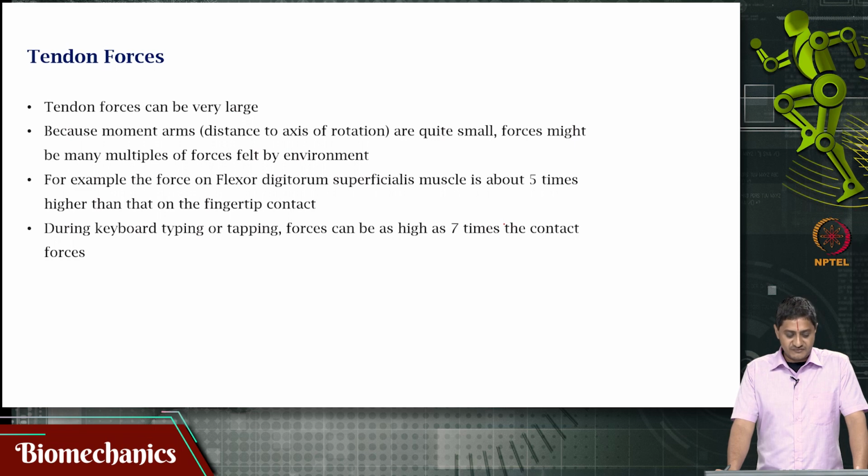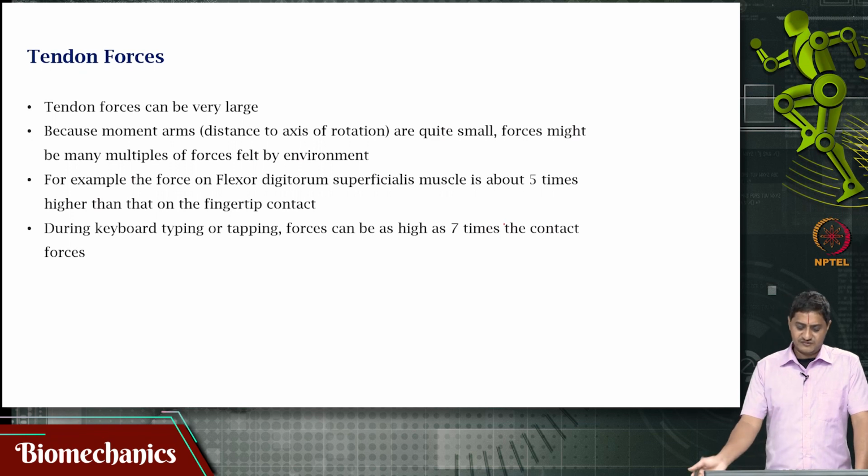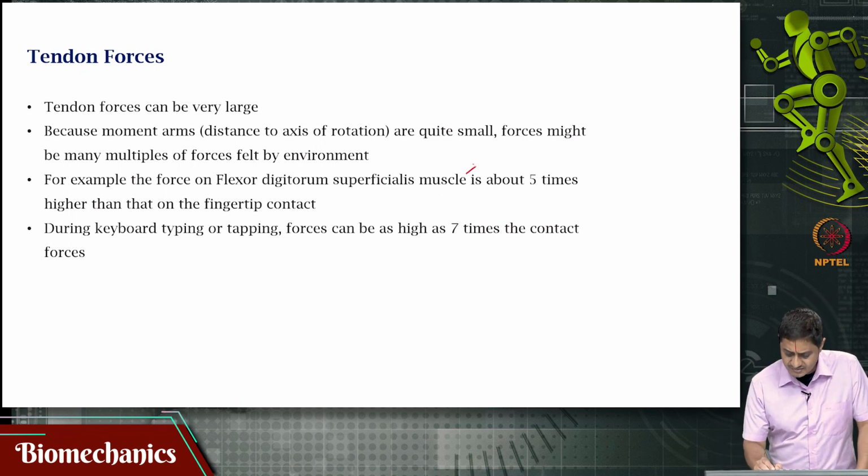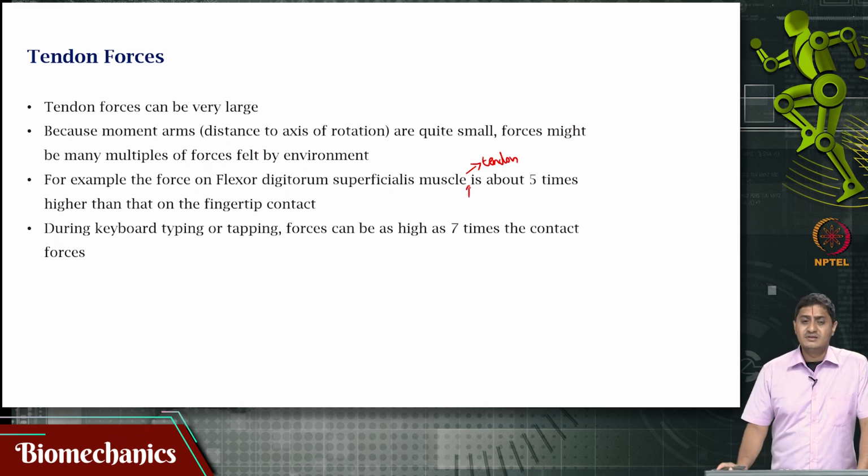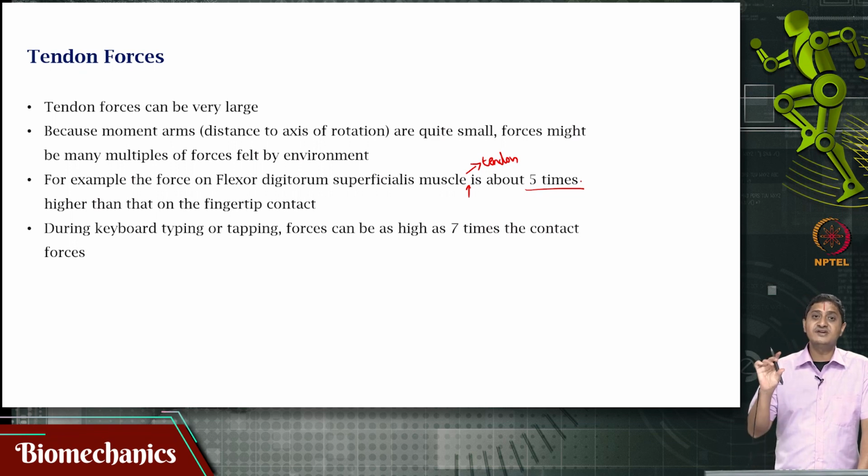environment itself. For example, the force on flexor digitorum superficialis, a muscle in the finger, right, specifically measured at the tendon, the force that is felt by the flexor digitorum superficialis muscle's tendon is about 5 times higher than the contact force that the finger is making.